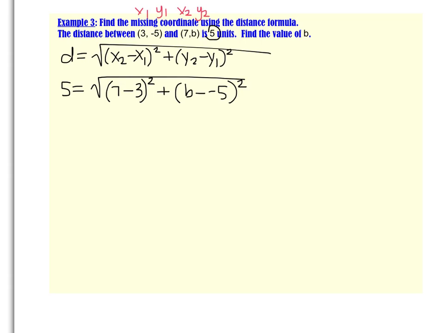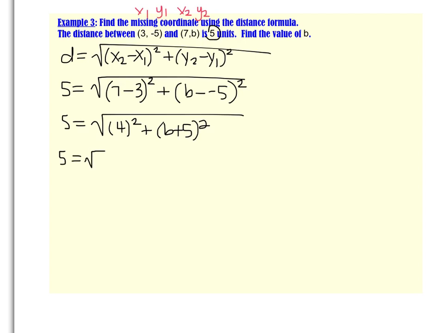So we get 5 equals the square root of 4 squared, plus this would be b plus 5 squared. Okay, so moving right along then, we have 5 equals the square root of 16 plus b plus 5 squared.